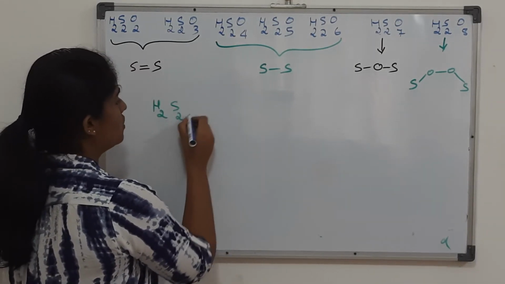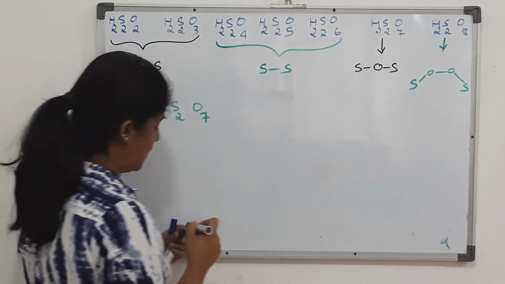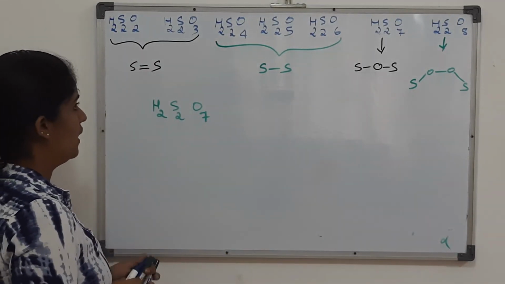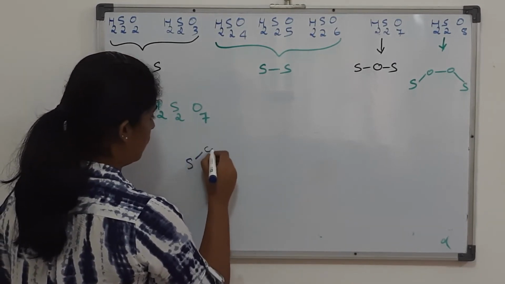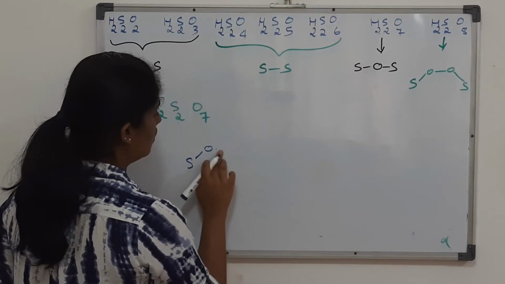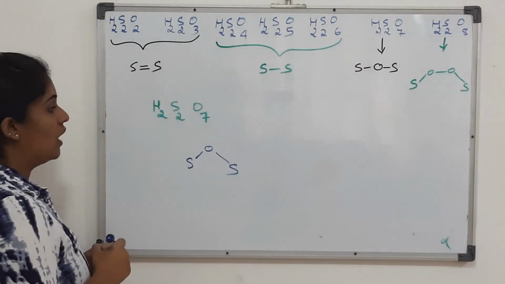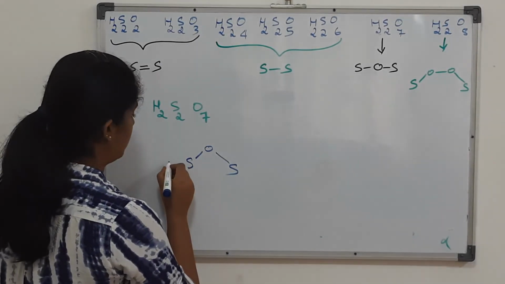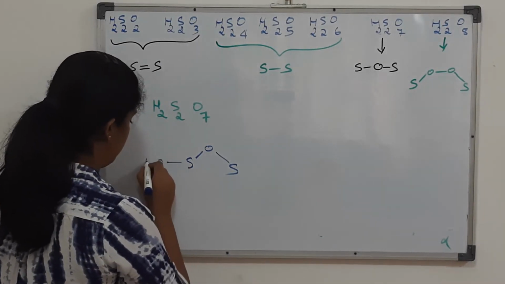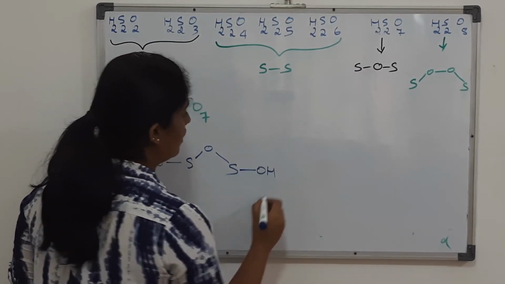So H2S2O7. How do we draw them? We saw that it has an SOS linkage. So let's put down that linkage first. There is SOS. Okay. Now this is also a dibasic compound. So one OH would come here for this sulfur and the other OH would come for this sulfur.